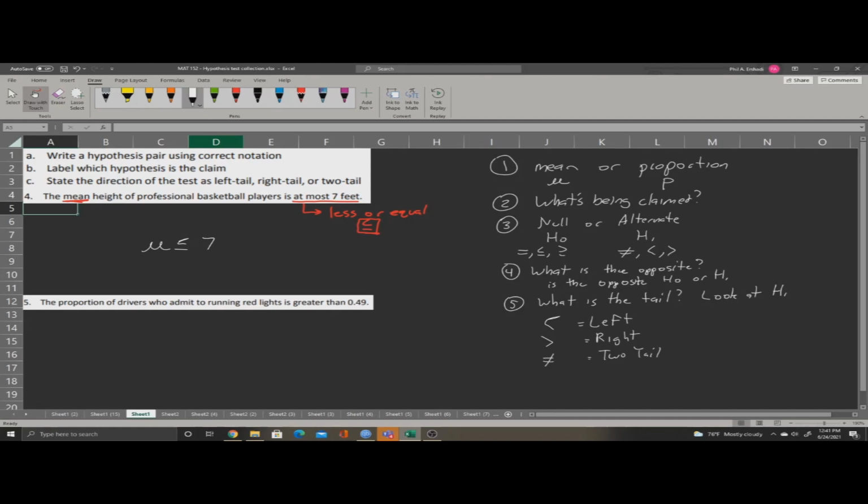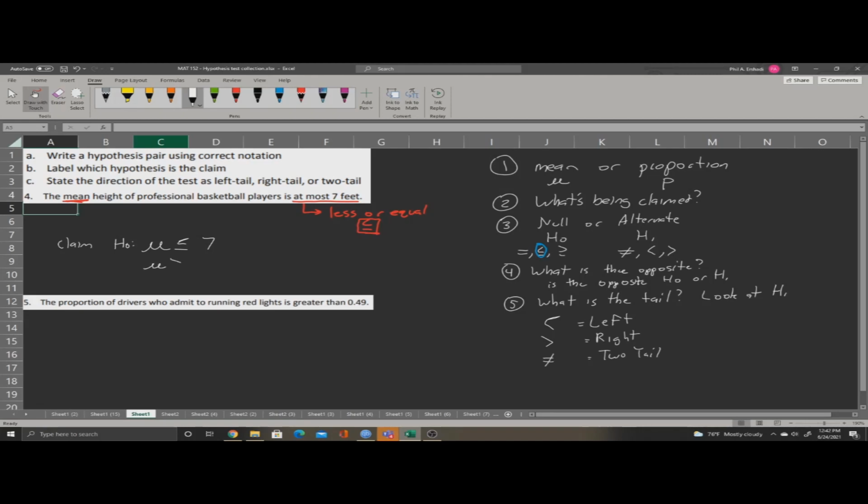Now, let's figure out if this is null or alternate for step 3. We see less than or equal, and less than or equal is underneath the null category. So we'll write that our claim is null, and that claim is mu less than or equal to 7. For step 4, we'll ask ourselves what the opposite is. We've already used less, and the opposite of less is greater.